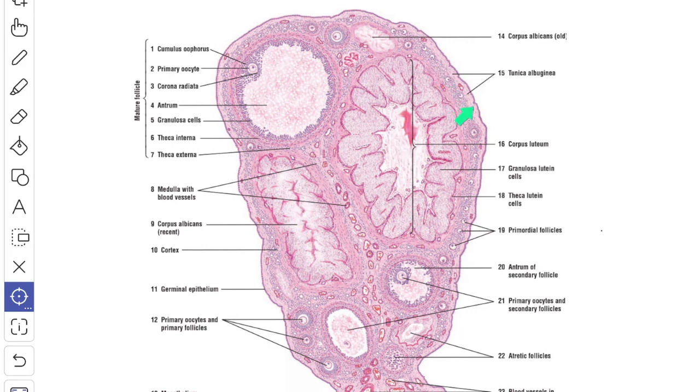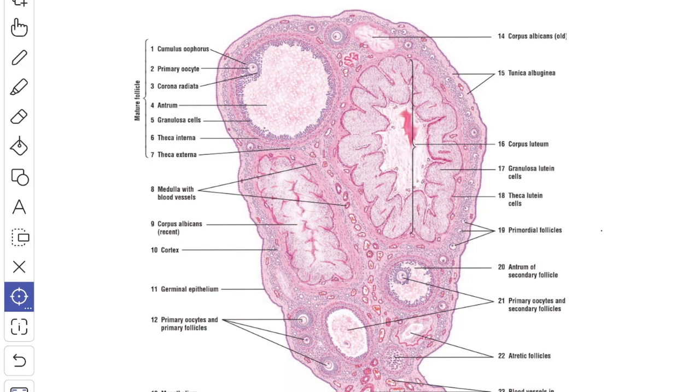So this is the tunica albuginea, which is formed by the aggregation of the stromal cells beneath the germinal epithelium. Before puberty, the cortex contains numerous primordial follicles, atretic follicles and interstitial cells. And during the reproductive phase, you have the ovarian follicles of different stages of maturity.